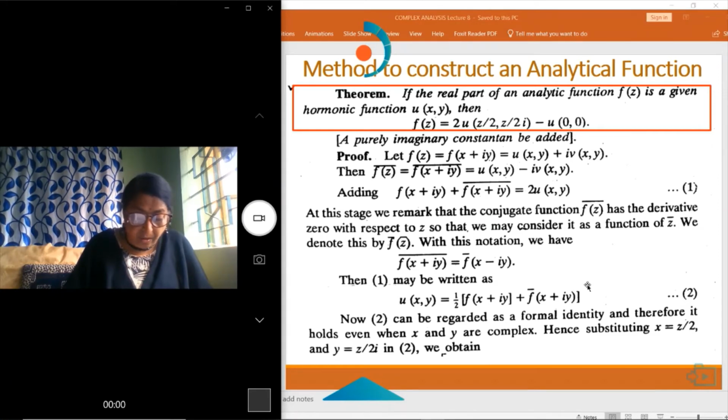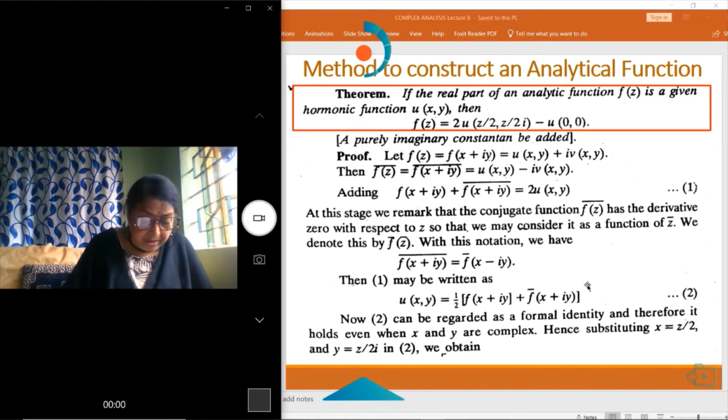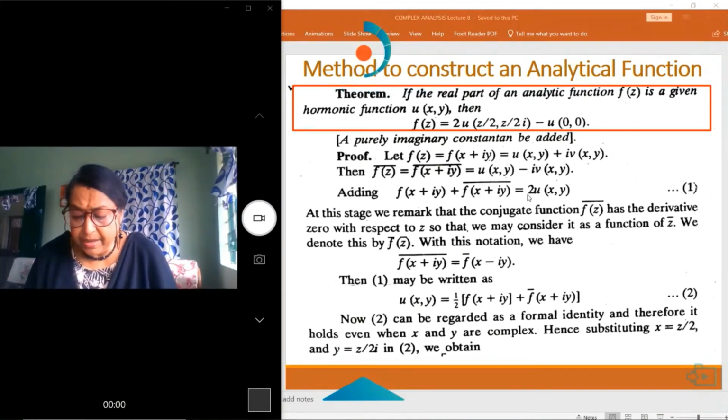Then the conjugate of f(z) is u(x,y) − iv(x,y). Adding f(x + iy) and its conjugate, we get 2u(x,y). At this stage, we remark that the conjugate function has derivative 0 with respect to z, so we may consider it as a function of z̄.